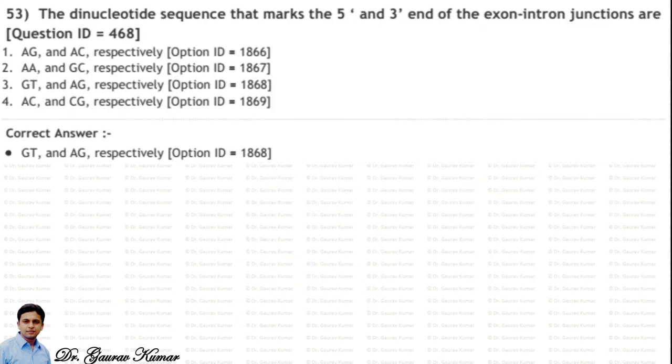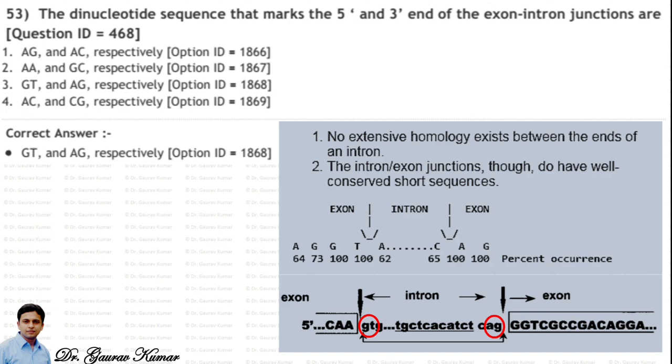Next question: the dinucleotide sequences that mark the 5' and 3' ends of exon-intron junctions are. So when you read about splicing, alternative splicing, the whole spliceosome formation complex, you will come to know about this exon-intron junction. I'll just show you the thing. In the red circle, these are the exon-intron junctions.